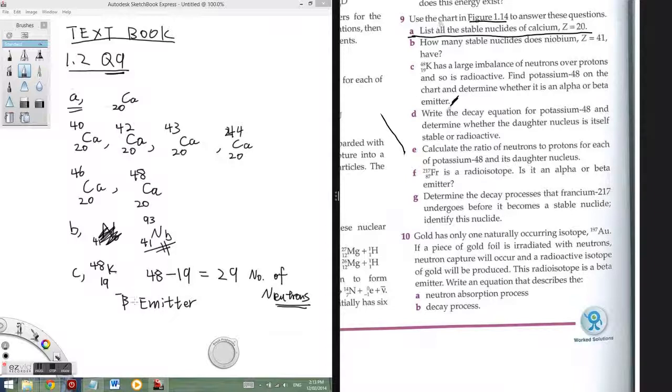Let's have a look. Potassium 48 emits a beta minus. It's radioactive.